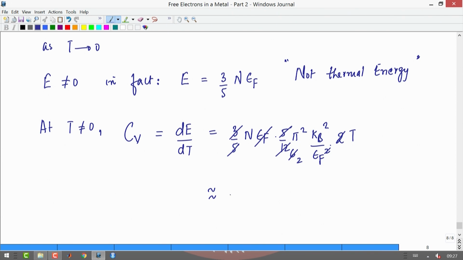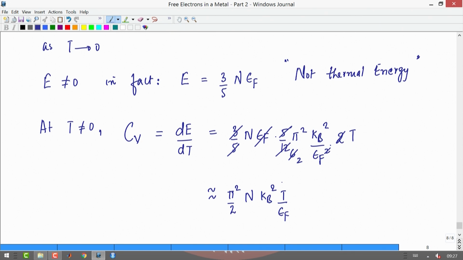So, what you have in the end is just pi square by 2 into n times kB square T over EF. Okay. It should have the units of n times kB, heat capacity is natural units, okay, because kT is energy scale.